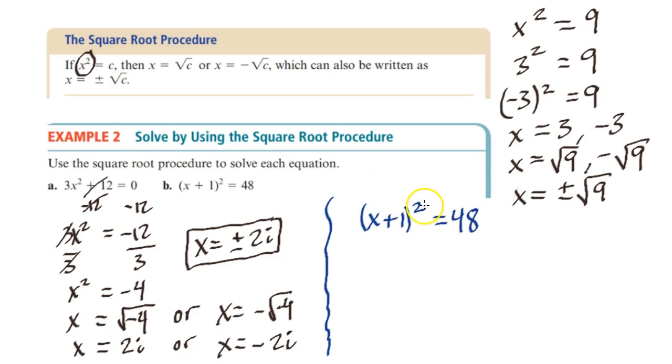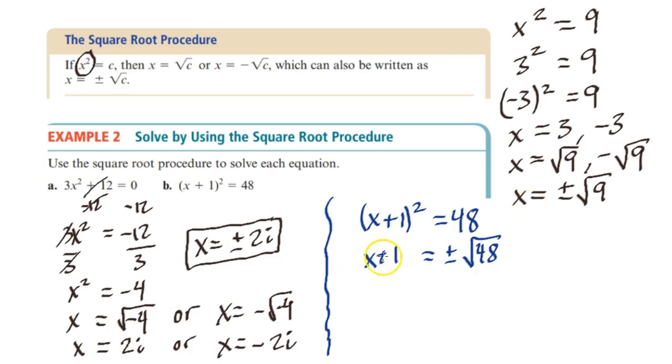Realize that in x plus 1 squared, the x plus 1 is being squared. All of that is being squared. So in this case, we're ready to take the square root at this very moment. So we can say that x plus 1 is equal to plus or minus the square root of 48.